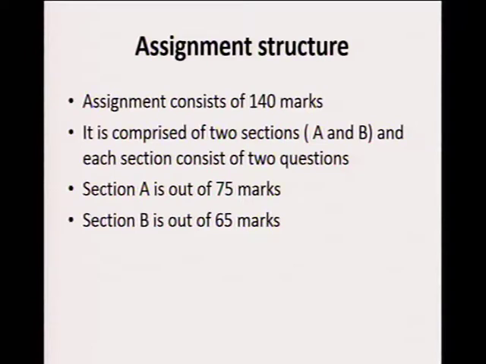Let's look at the assignment structure. Your assignment consists of 140 marks. It is comprised of two sections, Section A and Section B, of which each section consists of 2 questions.